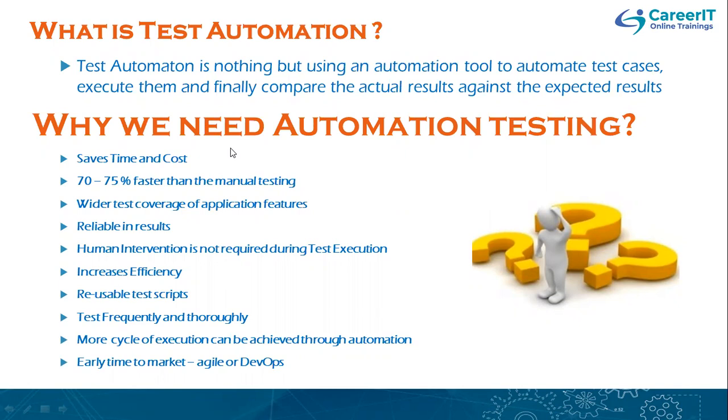Okay, and the other final and important thing is, if you have automation in place in your product or project, your product can be released to the market early, right? Because in the current trend, like agile and even DevOps methodologies, all stakeholders or business holders want to release their products or projects to the market as early as possible, right?